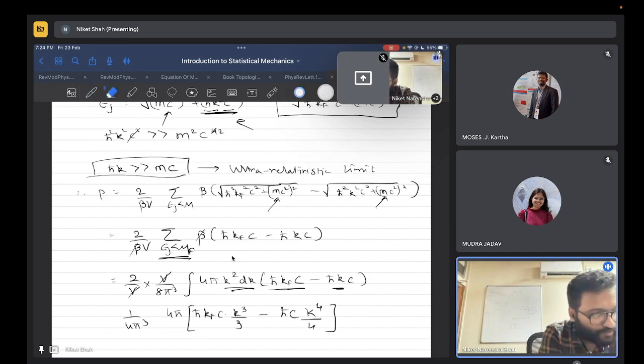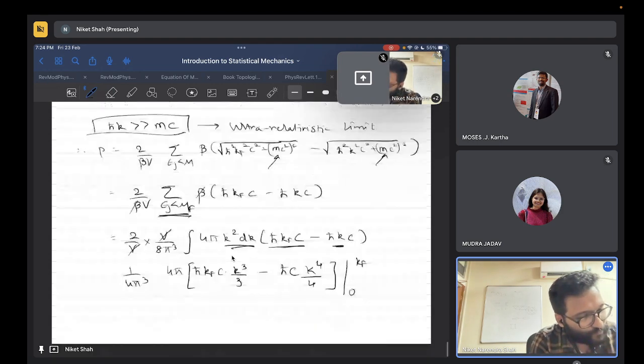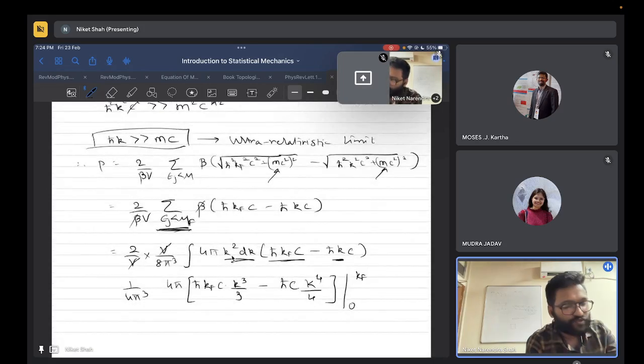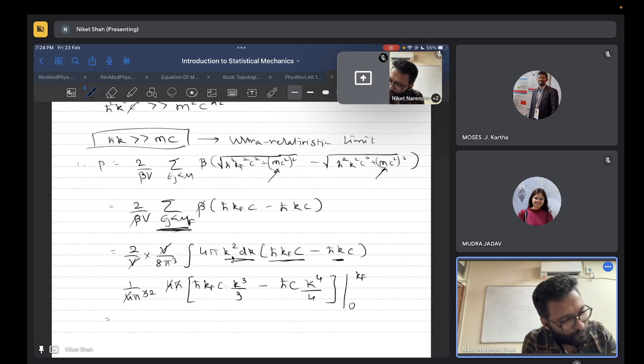The integral is already done, so I'll just write the limits now. 0 to kf, because the summation was over energy values less than mu f, so the integral is from 0 to kf only. 1 by 4 pi square again.